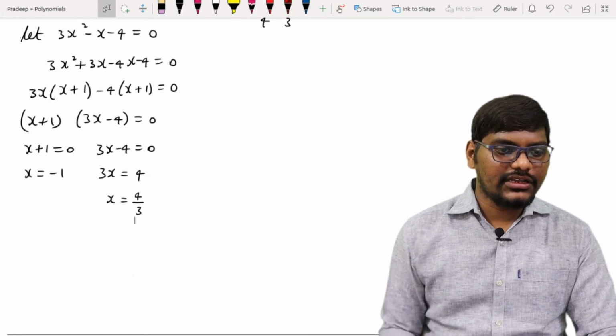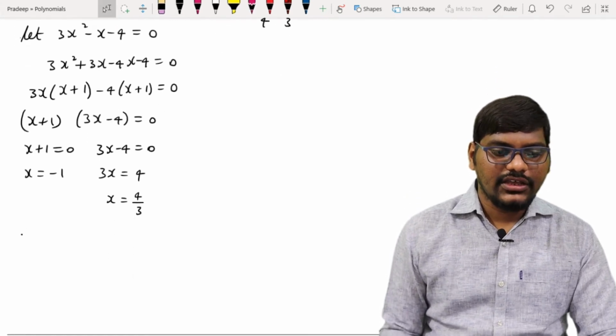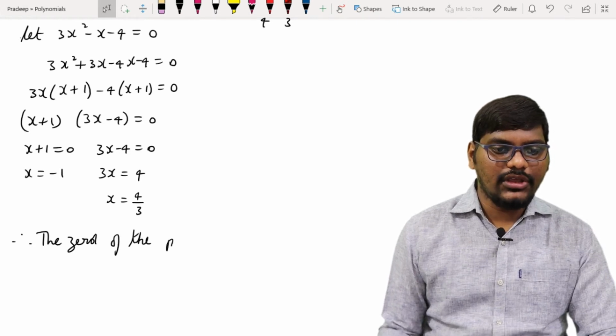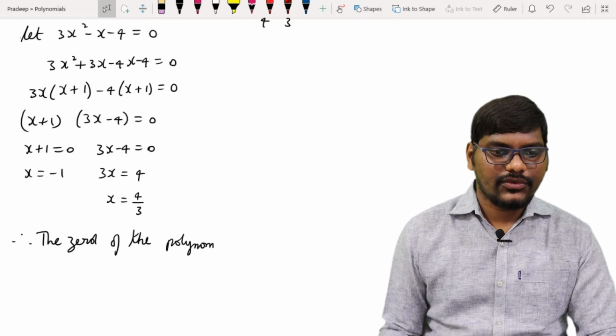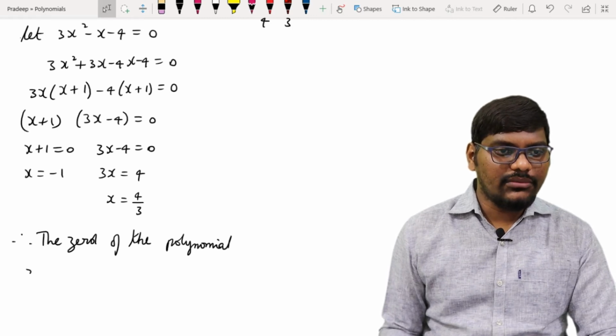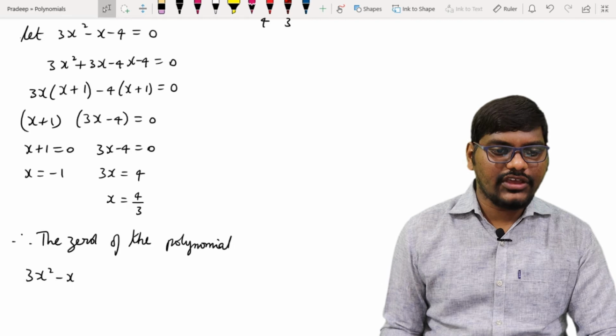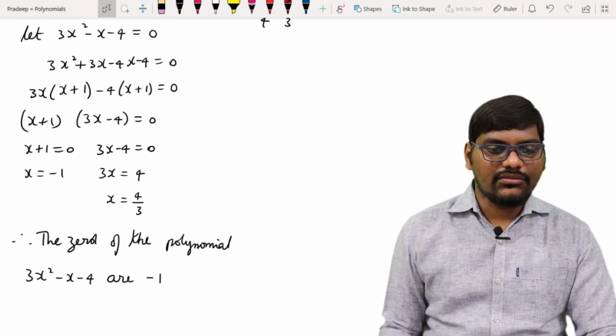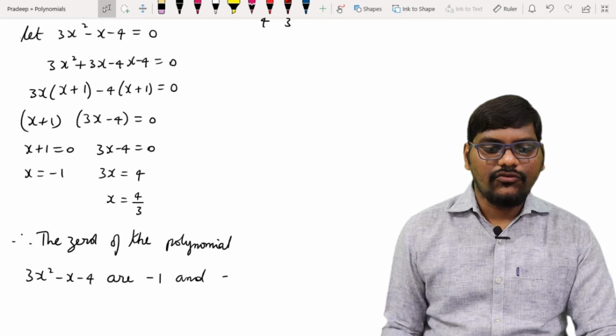So we will write the conclusion. Therefore the zeros of the polynomial, what is the polynomial? It is 3x square minus x minus 4. The roots which we got are minus 1 and 4 by 3.